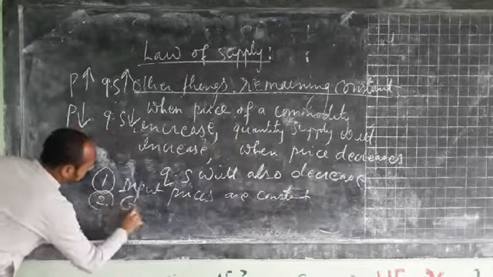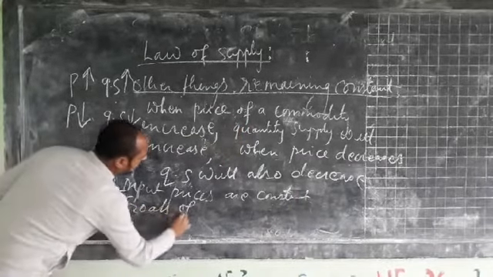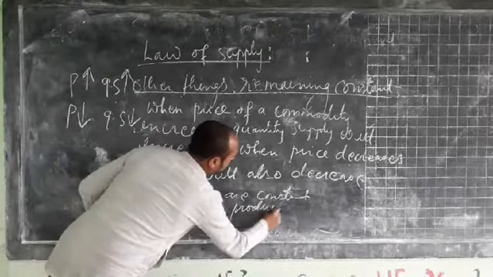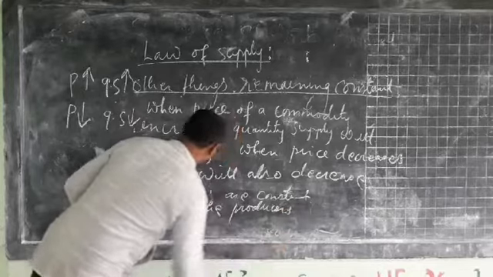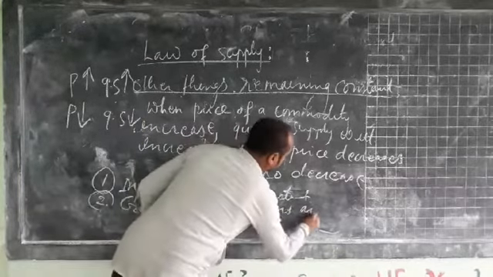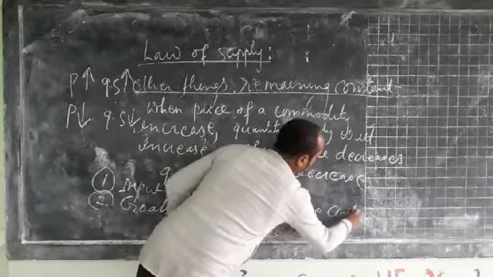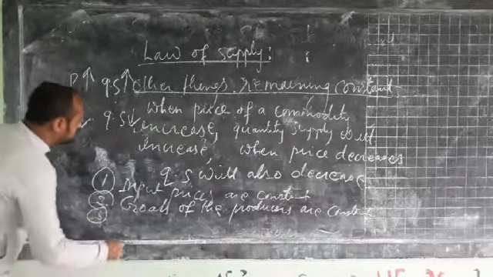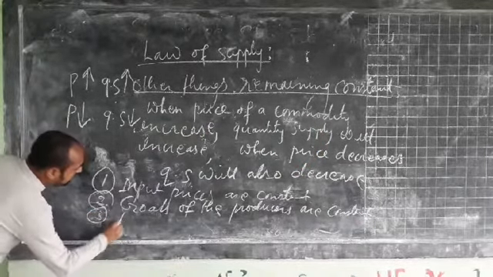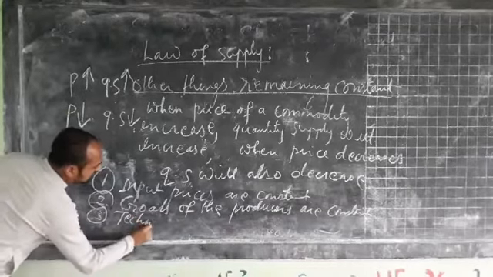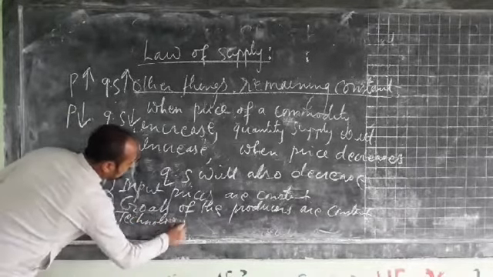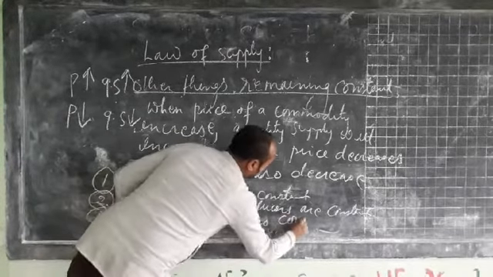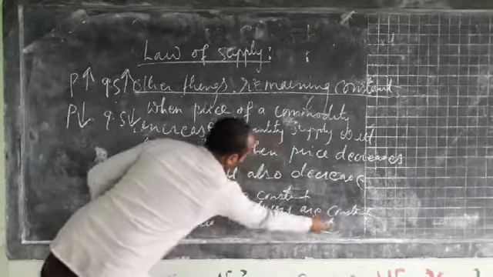Number two, goals of the producers are constant. Number three, technology is also constant.